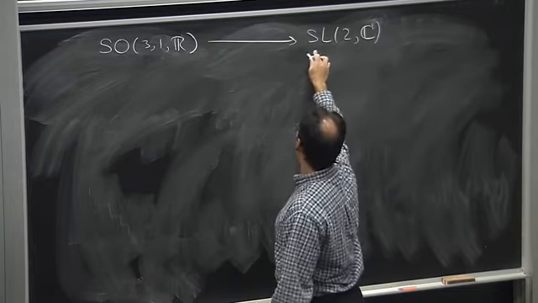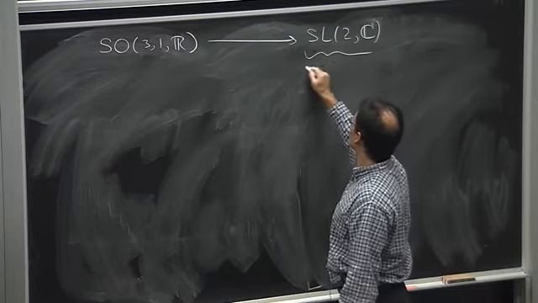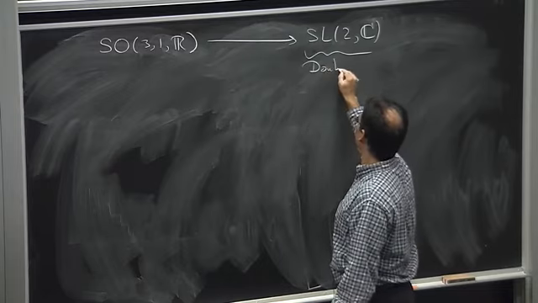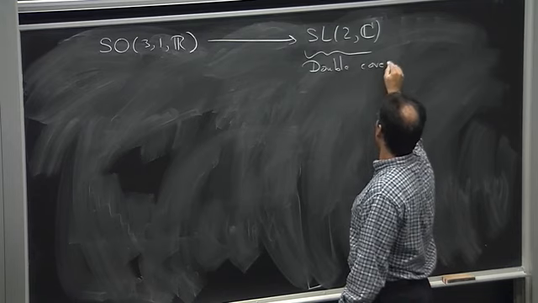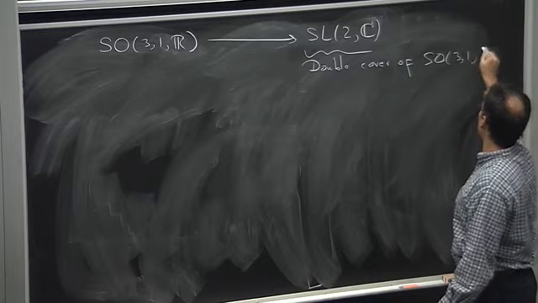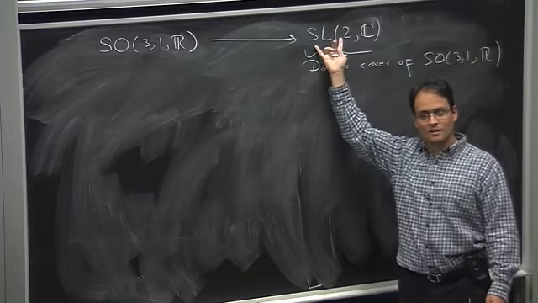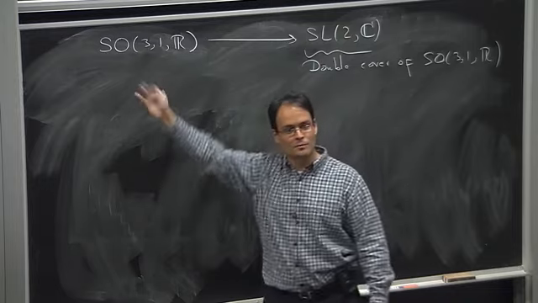Of course, this was a double cover of SO(3,1), meaning that there are two elements here that come from the same element here.